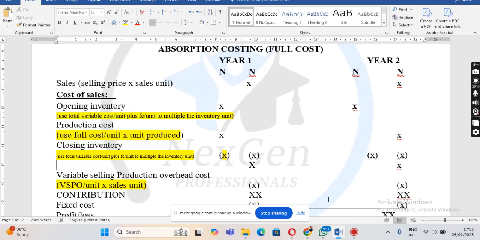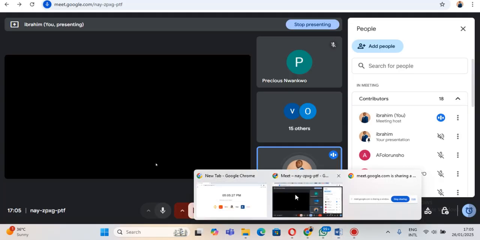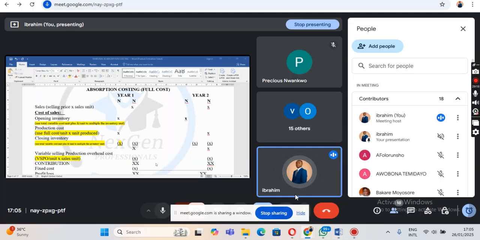Now, if you've done this, don't forget that you have your gross profit. The only time you will have your cost of goods sold, or cost of sales, is when you have your opening inventory, you add your production cost, you less your closing inventory.